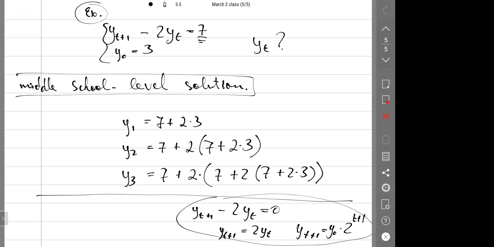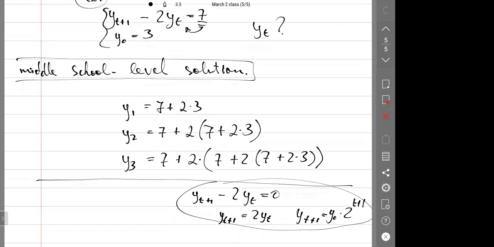I'm not brave enough to completely remove 7, but I'm brave enough to move 7 to the left-hand side, and that is okay for my school level of understanding.